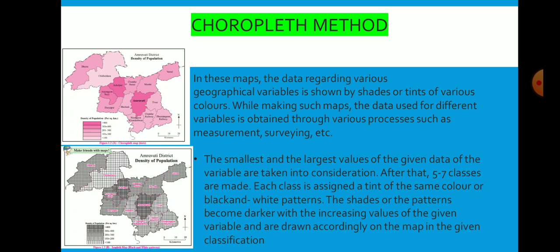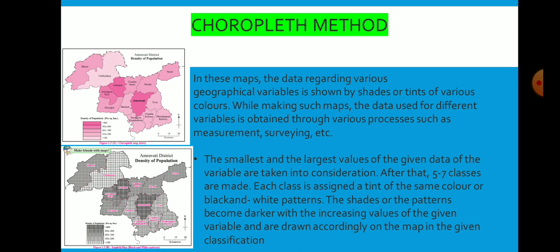Just like you see in the map of Amravati district, where is the darkest pink color used? The darkest pink color is used in Achalpur and Amravati. These two places are mostly populated, or here we can find the density of population is very high. In other places, the shade of pink color is lighter than Amravati and Achalpur.